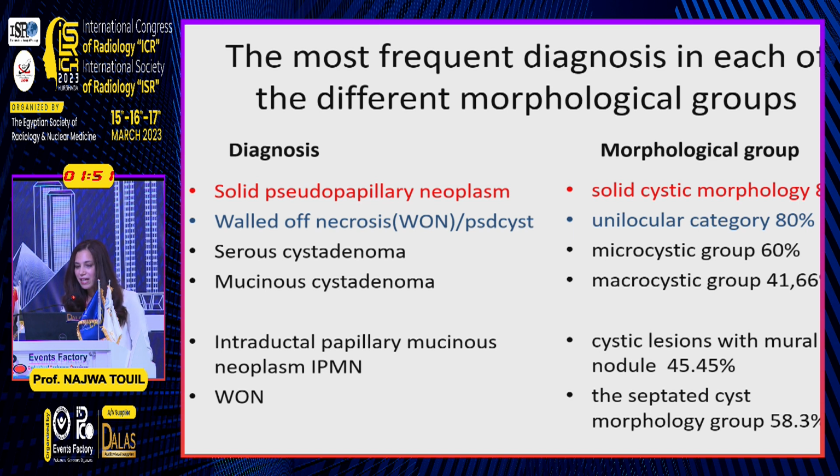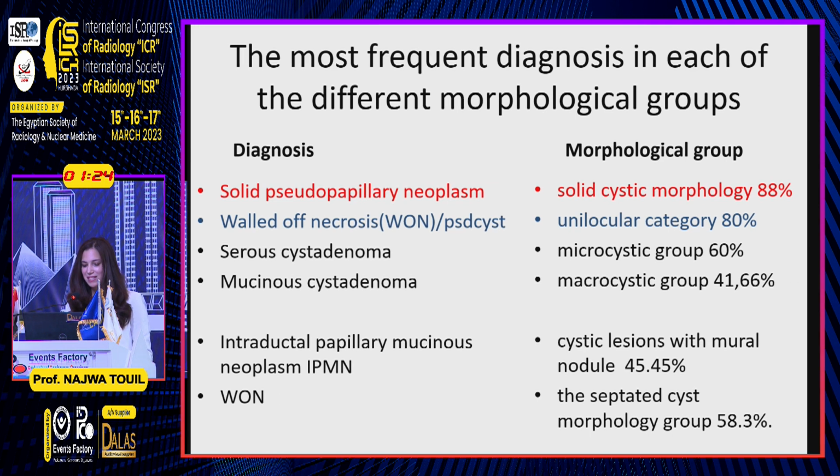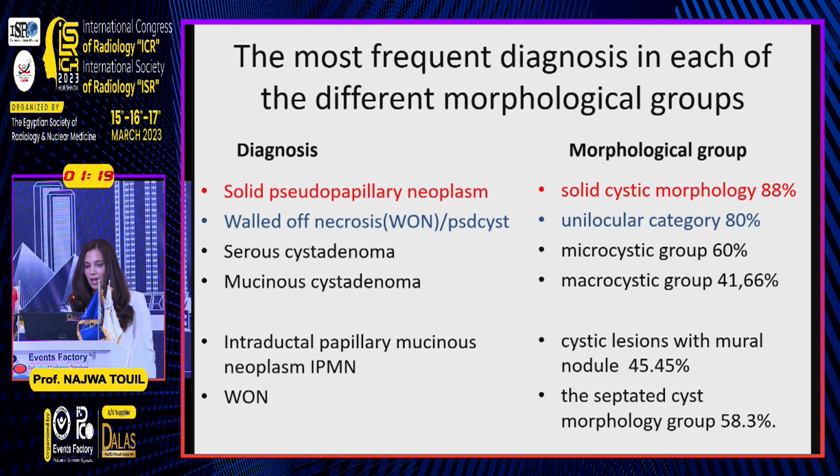The most frequent diagnosis in each of the different morphological groups was solid pseudopapillary neoplasm in the group with solid cystic morphology in 88%, and walled-off necrosis or pseudocyst in the unilocular category with 18%. Intraductal papillary mucinous neoplasm was most frequent in the group with cystic lesion with mural nodules.